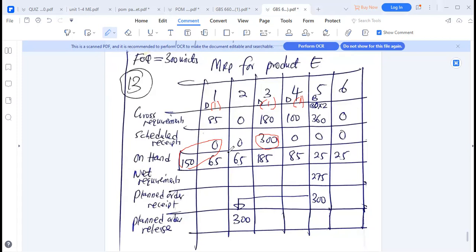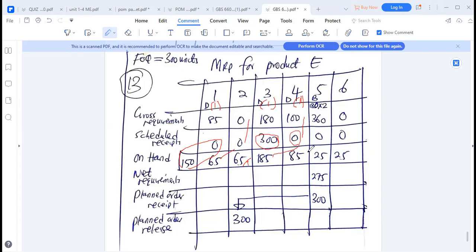Then 65 plus 0 to meet the demand of 0, we still remain with 65. 65 plus 300, it is actually 365 minus the 180, we are remaining with 185. 185 plus 0 to meet the demand of 100, we are remaining with 85.